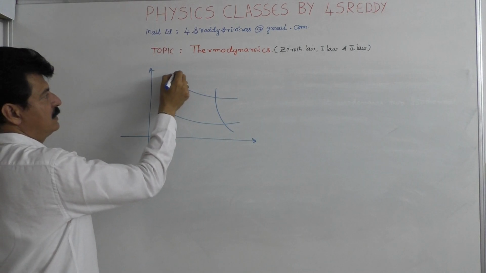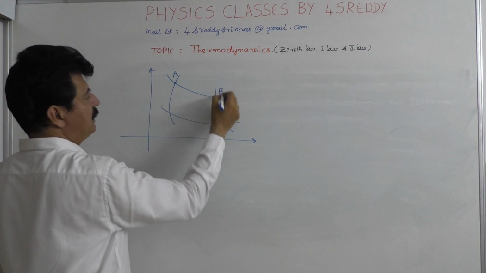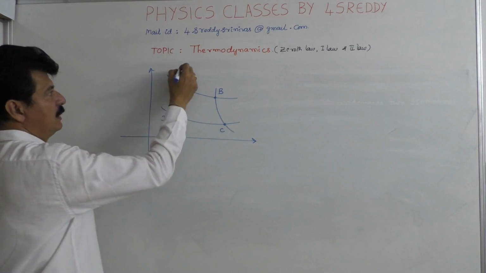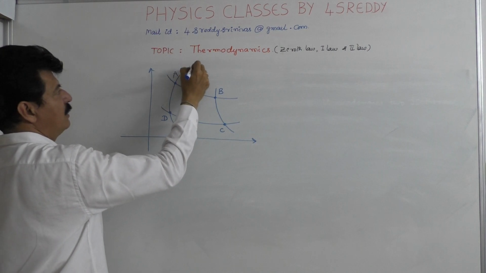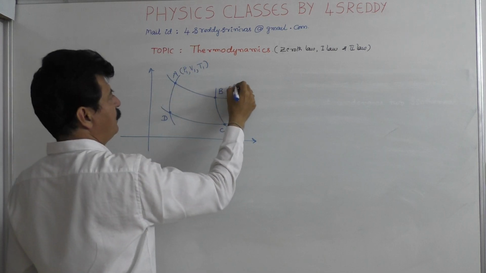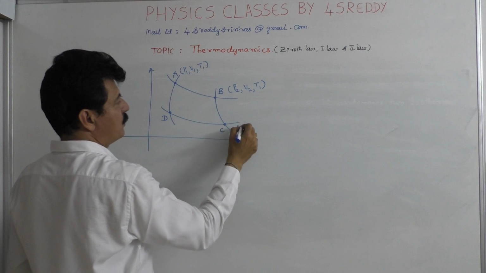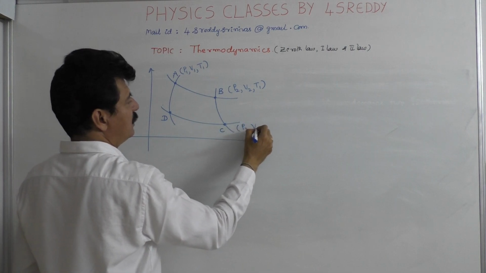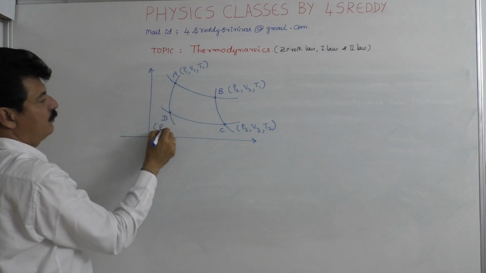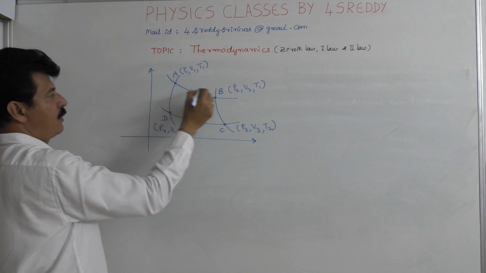Let us say this is the point A, this is the point B, this is the point C, and this is the point D. This point is P1, V1, T1. This is P2, V2, T1. At this point P3, V3, T2. And P4, V4, T2.